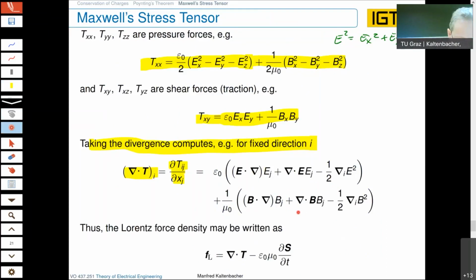So at the end, you can write down that this Lorentz force density is computed by the divergence of the Maxwell stress tensor. And in addition, we have the time derivative of the Poynting vector. That again will be a general expression we have here for this computation.